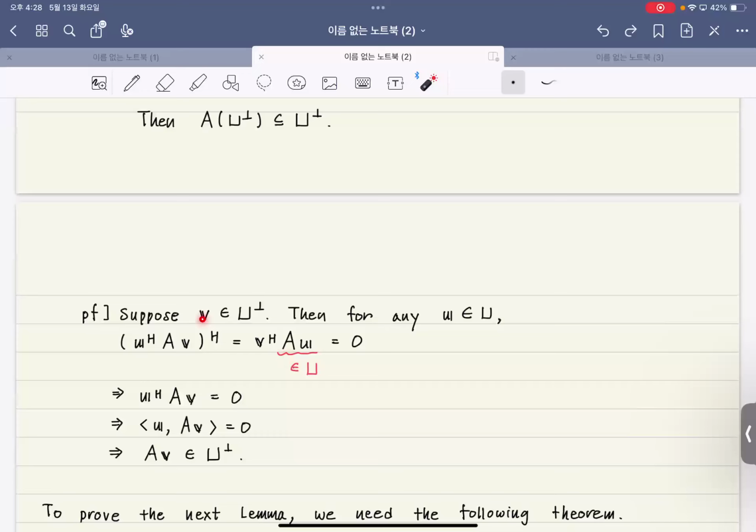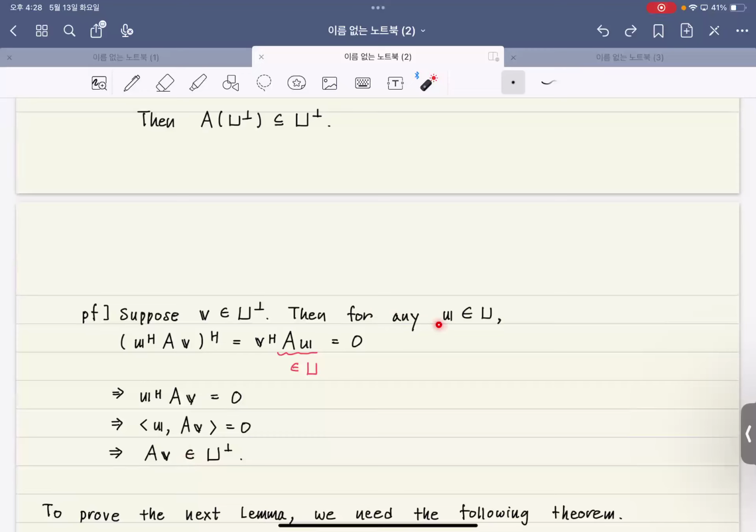And since b was chosen from the orthogonal complement of U, this times a member of U should be 0. So this equals 0. Since a 1-by-1 matrix whose Hermitian equals 0 is itself 0, the inner product of u and Ab equals 0.